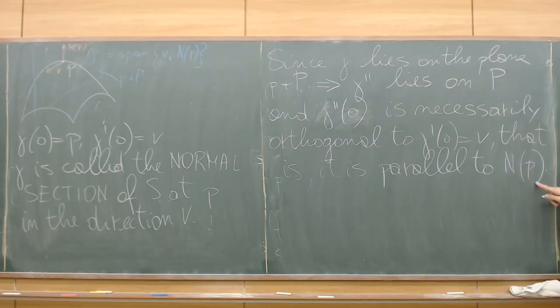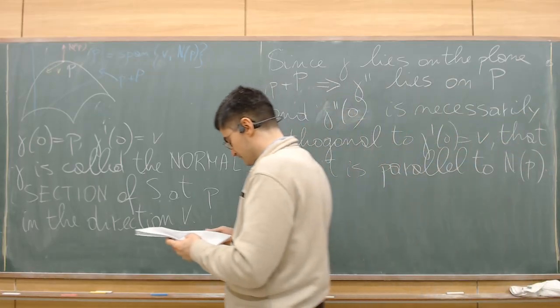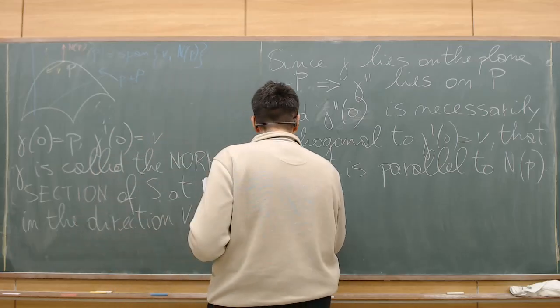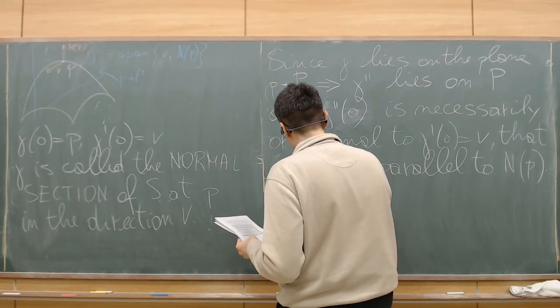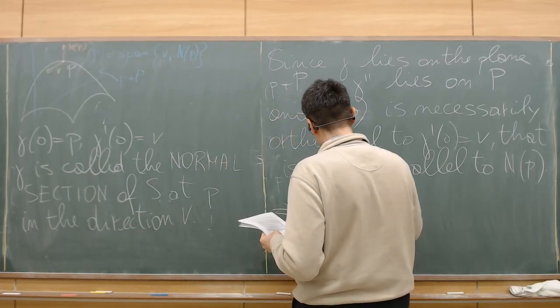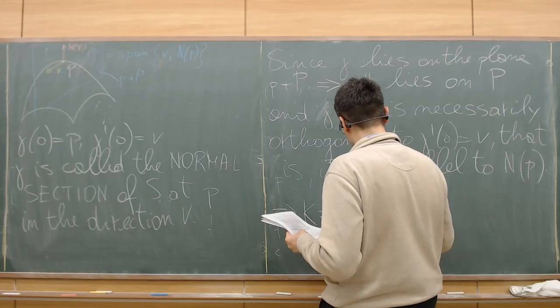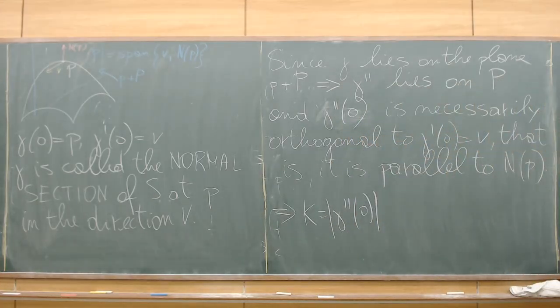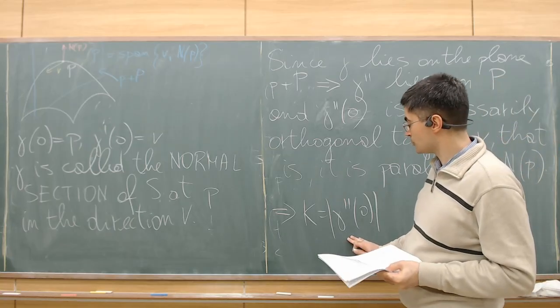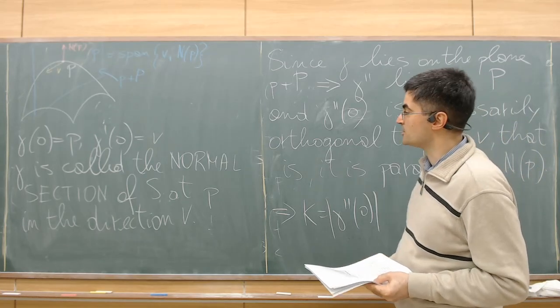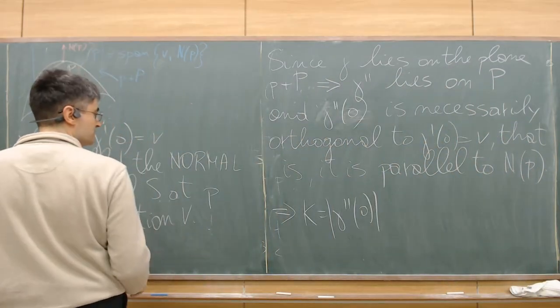Because n at P is orthogonal to V. This implies that the curvature is exactly the length of this vector. This formula is true because the curve is parameterized by arc length.